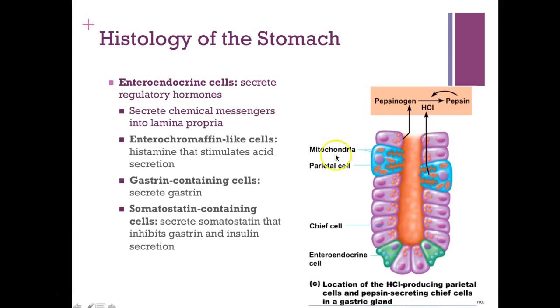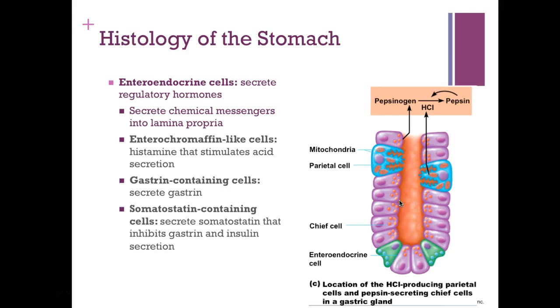Next, we have your enteroendocrine cell here in green. This has to do with regulatory hormones that it secretes, and that'll secrete it right into the lamina propria that should be right in this region over here. And we have our enterochromaffin-like cells that will release histamine and stimulate acid secretion.